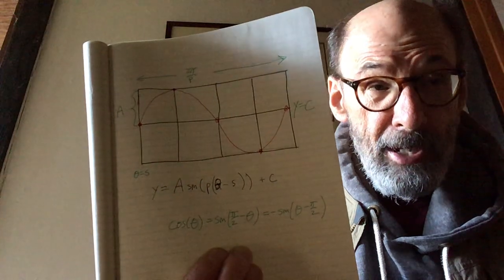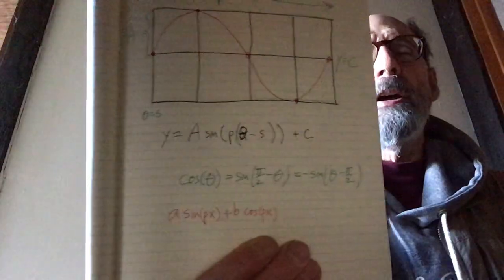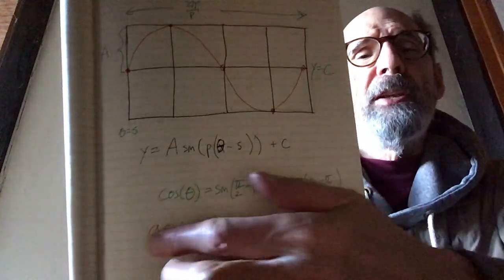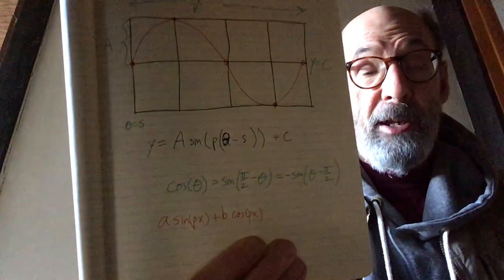The other thing is this enables us to handle all kinds of things. I'm not going to put this down directly. It's in a separate video. But the thing is, if we have A times sine of px plus B times the cosine of px, this is a typical thing that comes out of a lot of engineering and electrical engineering problems, is you get a solution function that looks like this, and we know, using the addition laws for sine and cosine, how to rewrite this as a new amplitude, and the period stays the same, but we'll have a phase shift.